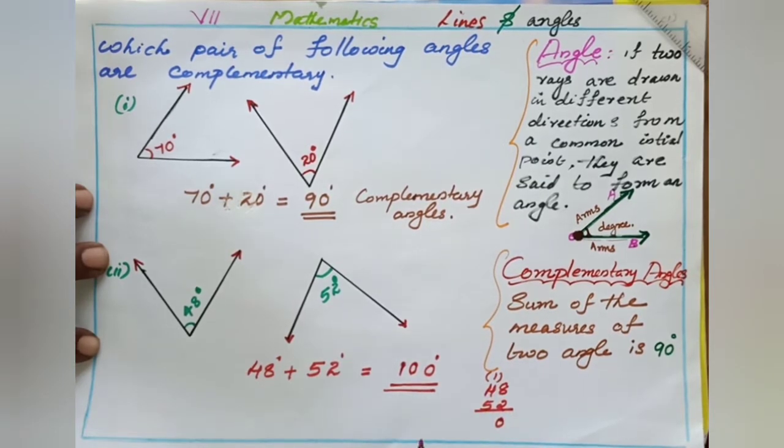So 100 degree. See, 100 degree. What is complementary angle? Sum of the measure of the two angles is 90 degree. Here 100 is more than 90 degree. So these are not complementary angles.